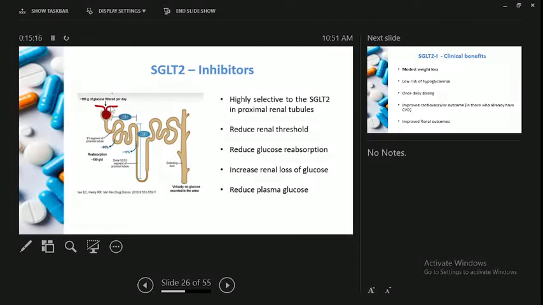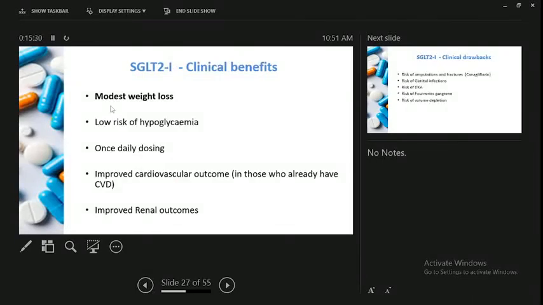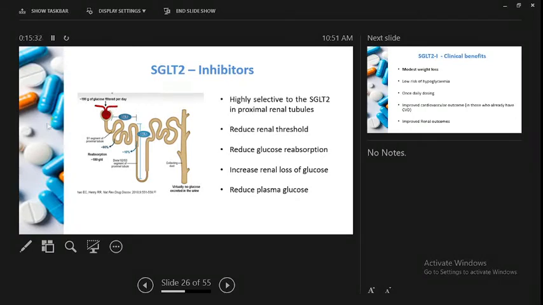So in such patients, there is no point looking at the urine full report for sugar. I have seen some patients come and say the doctor said the urine sugar is there, but the patient is actually on an SGLT2 inhibitor, so there is no point checking that in that kind of patient. That is their main action.